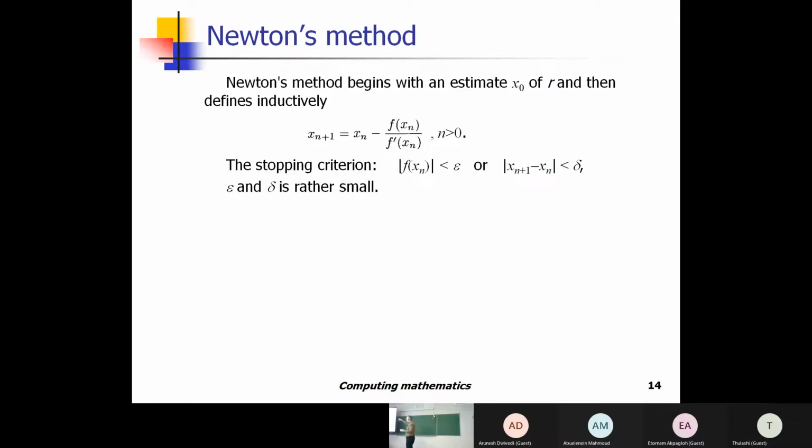And this formula tells us how to compute these values, how to compute xn plus 1 using xn. xn plus 1 equals xn minus f of xn over f prime of xn.